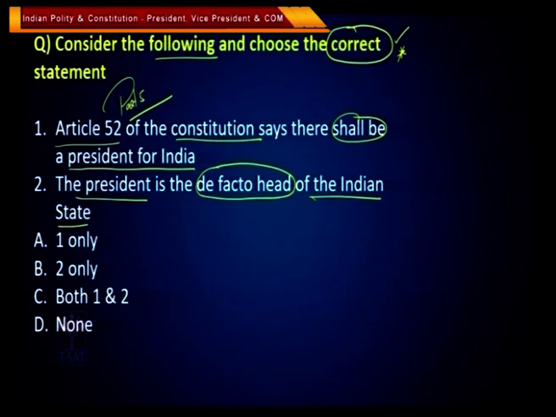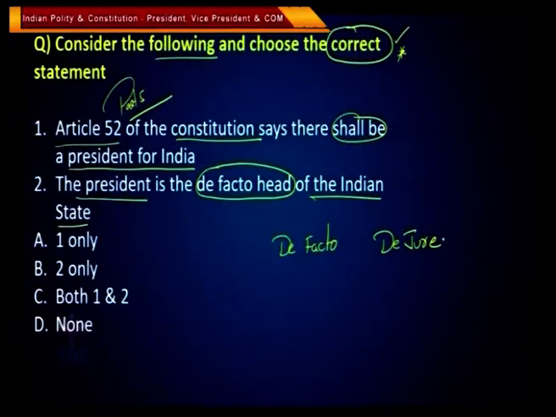There are two types of legal terminologies. The first one is called de facto. The second one is called de jure. These two are different terms. De facto is nothing but real. De jure is nothing but nominal.